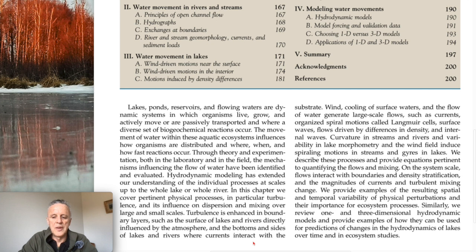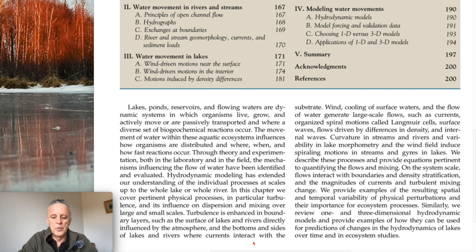Curvature in streams and rivers, and variability in lake morphometry and the wind field induce spiraling motions in streams and gyres in lakes. We describe these processes and provide equations pertinent to quantifying the flows and mixing. On the system scale, flows interact with boundaries and density stratifications, and the magnitudes of currents and turbulent mixing change.